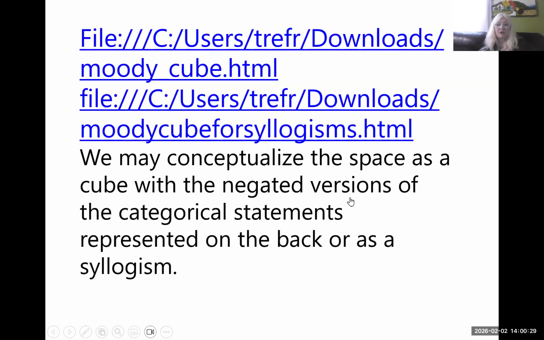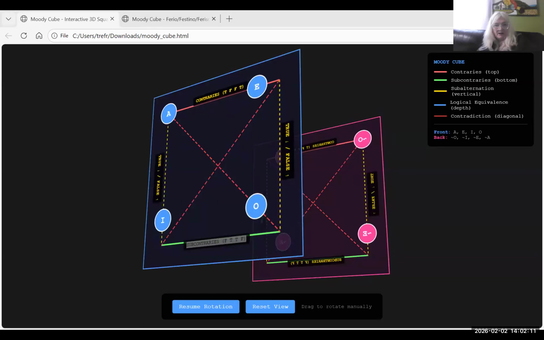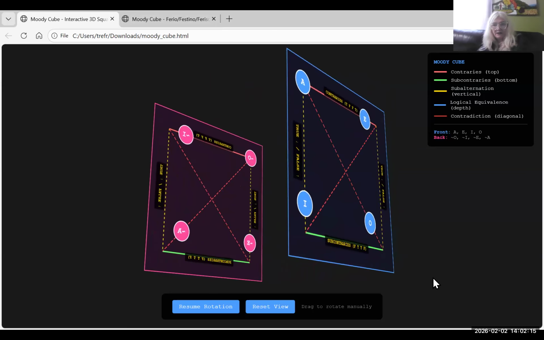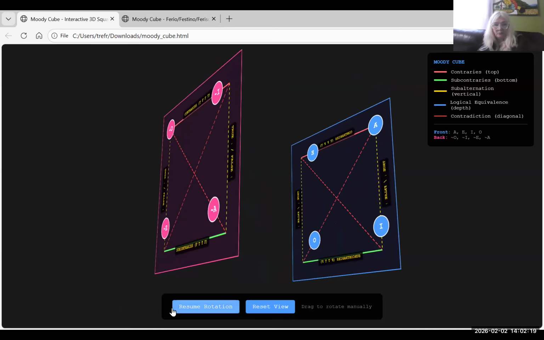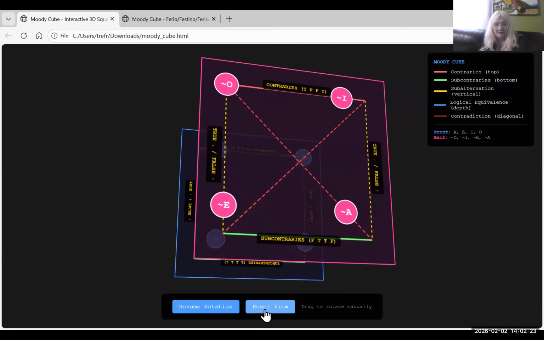You may also conceptualize this space as a cube with negated versions of the categorical statements represented on the back, or as a syllogism. Here is what I mean: we can imagine this as going into a cube, with the back showing the negated versions of the front.